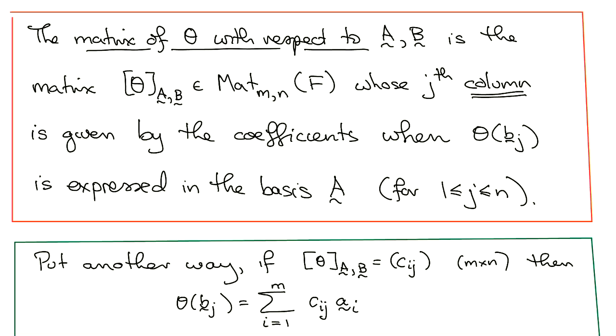You compute theta of b_j, which is an element of W, write it out in terms of the basis of W, and those coefficients that you get in that linear combination form the jth column. Okay? So today we'll do a few examples.